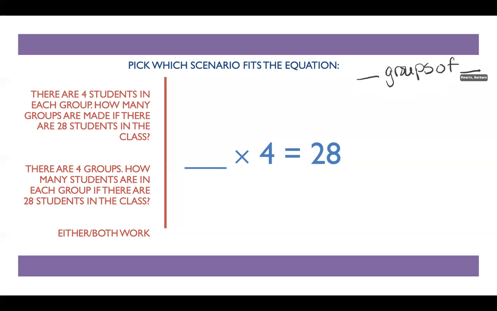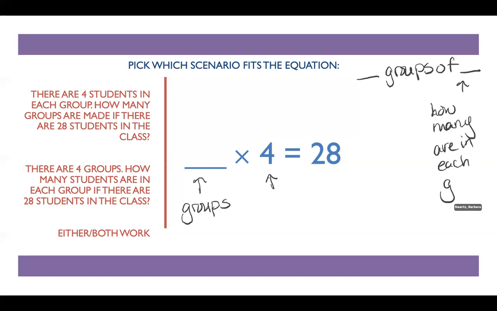If we're thinking of this as our groups, and this is how many are in each group, we know that you don't literally have to keep that order because of the commutative property. It can be in either order. In this case, we'll use 7 and 4 since those are our numbers here. 7 times 4 or 4 times 7, they're both going to give you that product of 28.